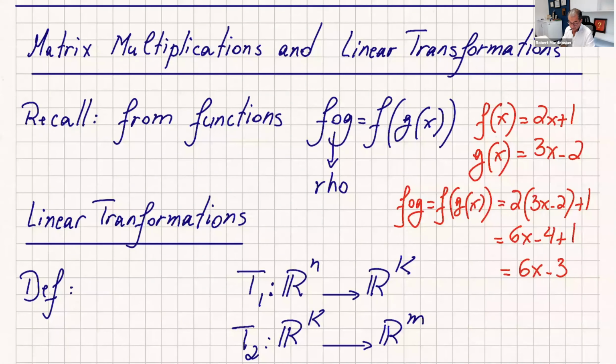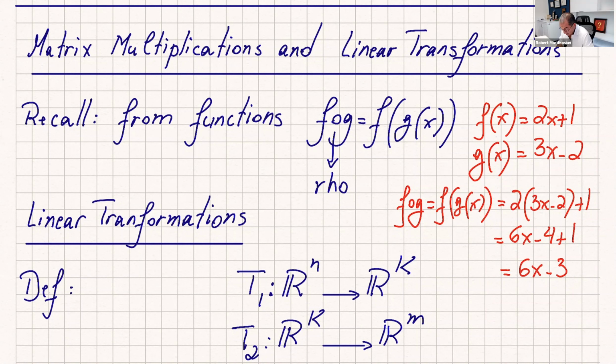Now let's see how this works for matrix multiplication. So again, to start this, first let's review the composition of functions. From pre-calculus or calculus, we know when we have f ∘ g, that's f of g of x. You read that as the Greek letter rho.